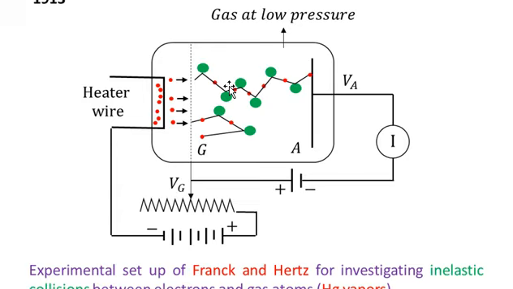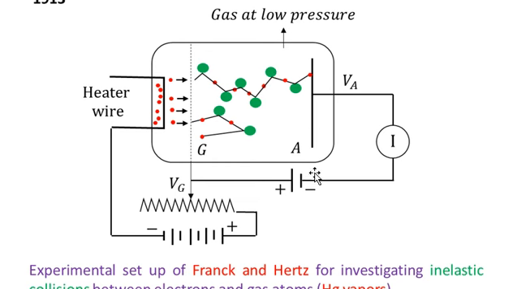Here the electrons will not lose much energy, although in an elastic collision there could be a small loss of energy. Each time they collide with the neutral mercury atoms they change their directions, and after many collisions they could reach the plate A.